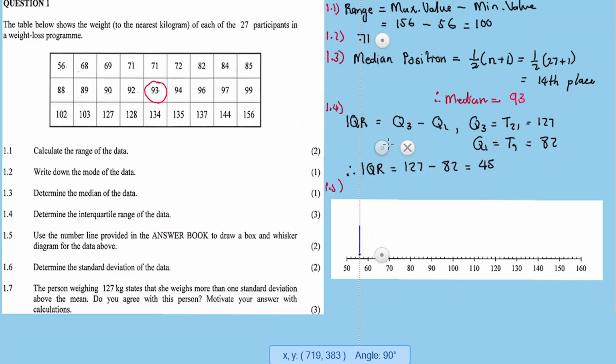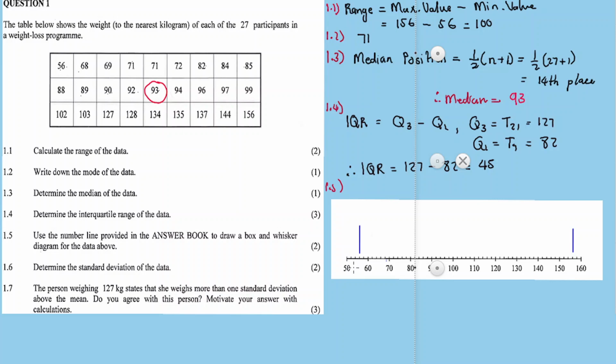Yes, you're right, correct. And then the maximum, 156. So 156 somewhere here, and then we also have Q1, 82. The small lines between 50 and 60 each represent 2.